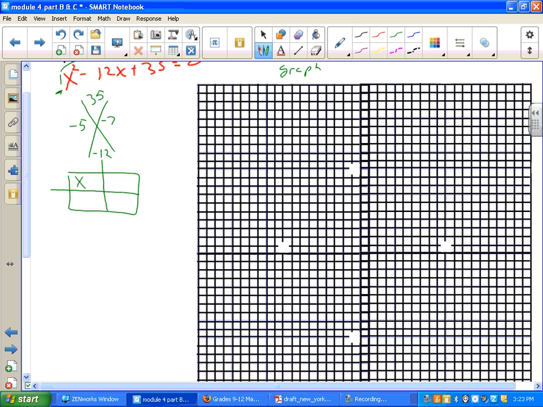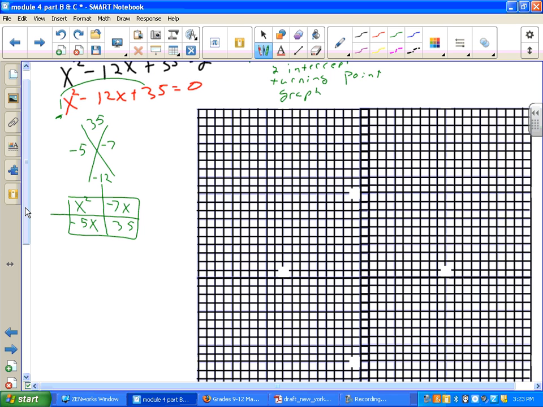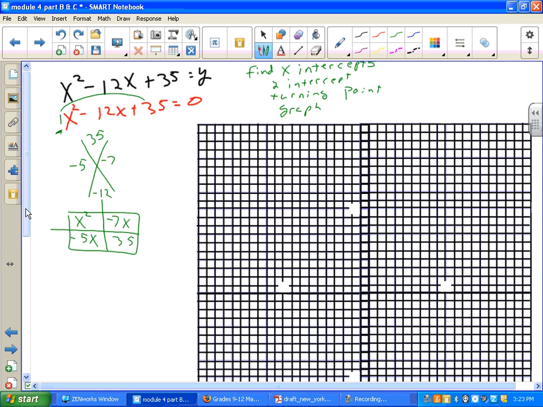We take the x squared, we take the a number, we take the c number, positive 35. Put it there. Negative 5x, negative 7x. It doesn't matter where they go because 5 goes into 35 and 7 goes into 35. They're both negative. Okay. So if 35 was negative, I definitely want to put the negative on the horizontal.